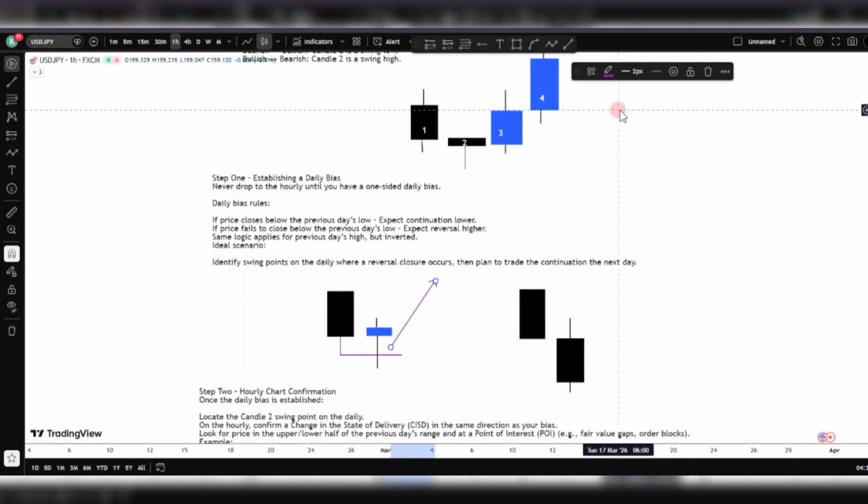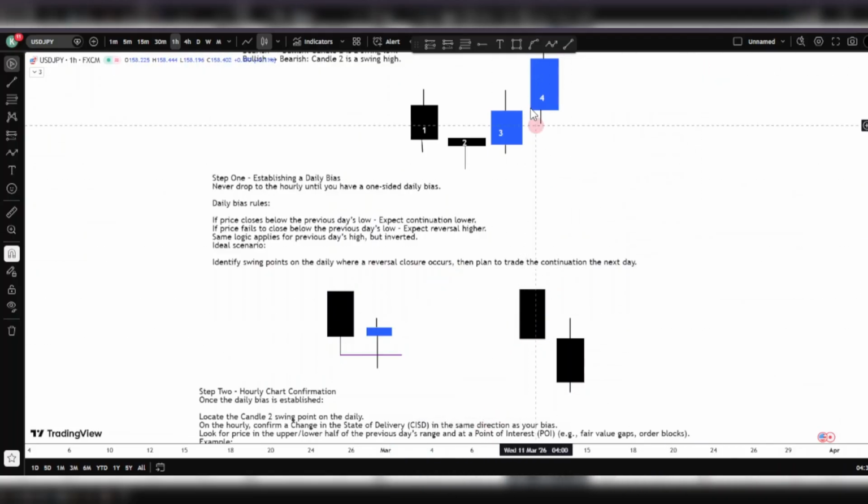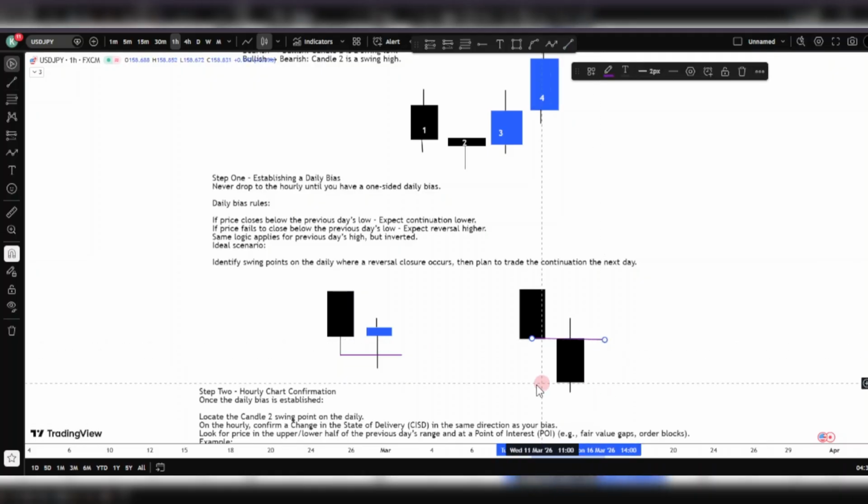And the opposite of this, in this example here, you see we closed below this previous day candlestick. So we expect price to continue lower. Yeah, so this is a continuation and this is a reversal.